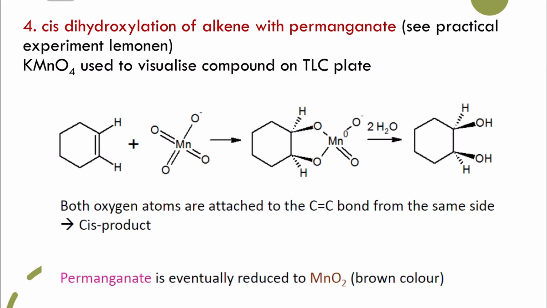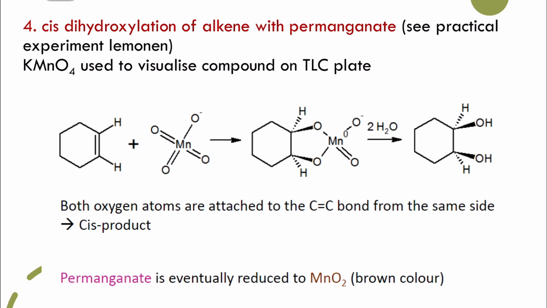Another type of addition is the cis dihydroxylation of alkenes with permanganate. Again, in one of your practicals will be the limonene experiment. And in this experiment, you will use potassium permanganate to visualize the limonene on TLC. Limonene also is an alkene.